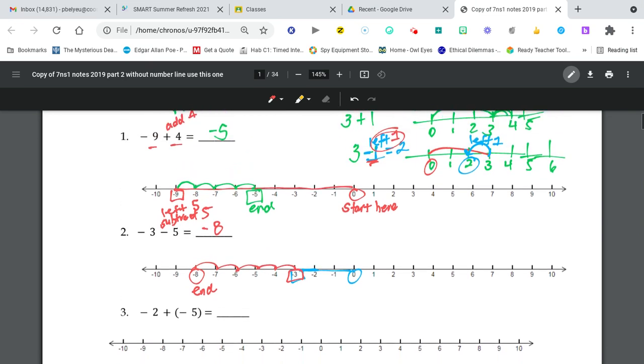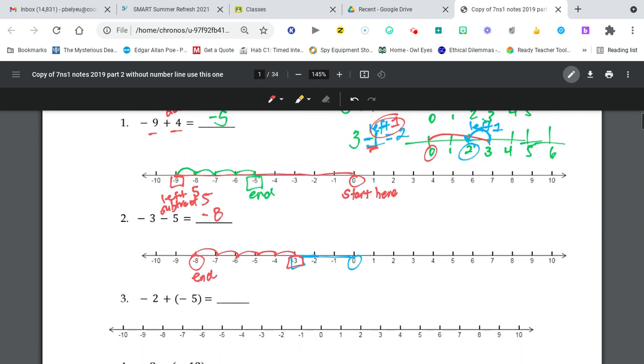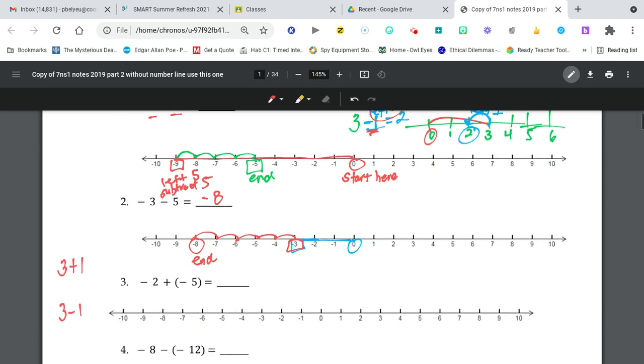Okay. Now there are some things that I need to go over, guys. So we had 3 plus 1 and 3 minus 1, right? This was right 1, and this was move to the left 1 from 3. All right, so I'm going to show you something.